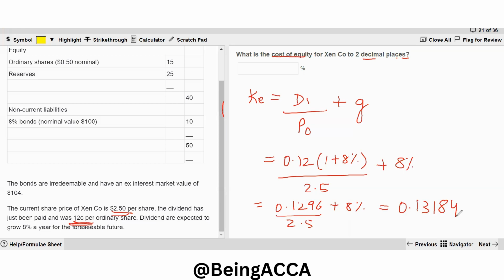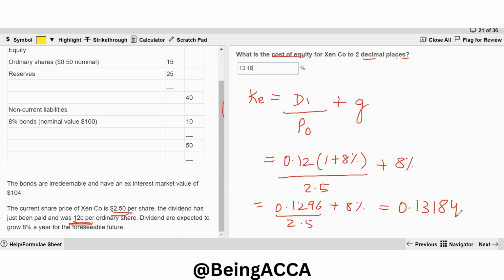If I multiply this by 100, I will get it in percentage terms, and my question wants me to give the answer in 2 decimal places, so that is exactly what I'm going to do. I will say 13.18 because it wants 2 decimal places.